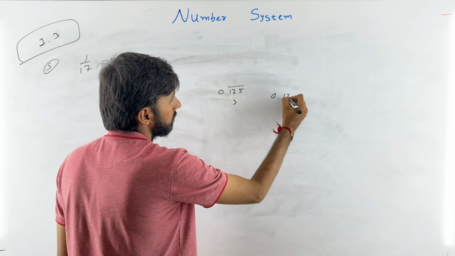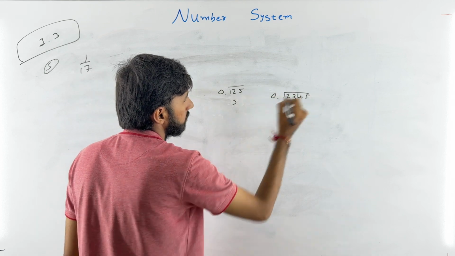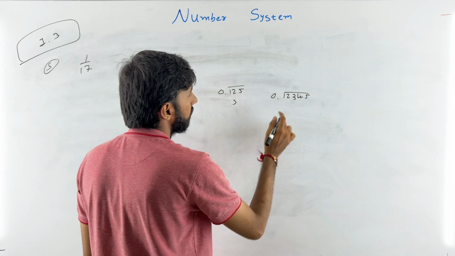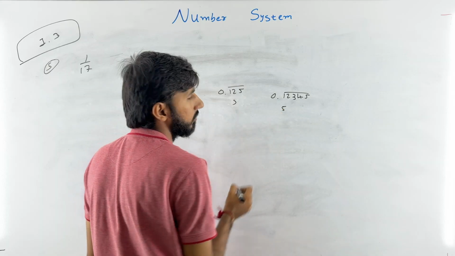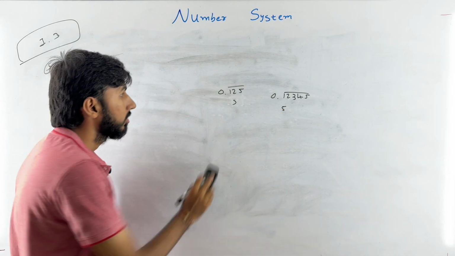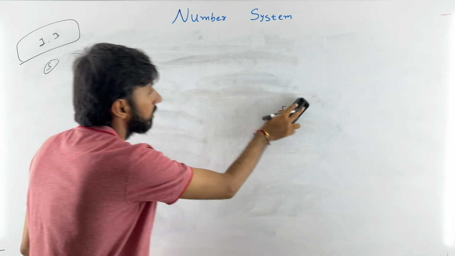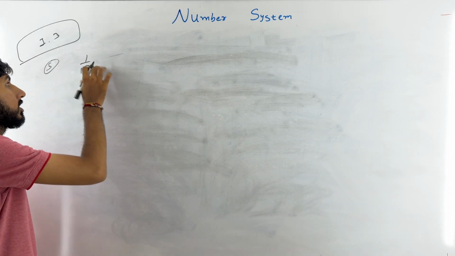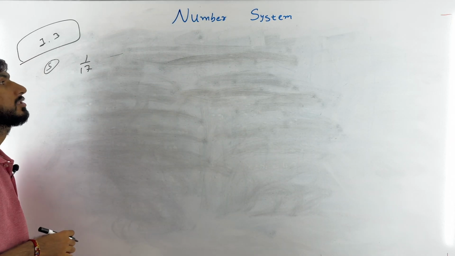If the decimal expansion is this, the number of digits repeating in the repeating block is 5. So I have to find the maximum number of digits that can be in the repeating block of the decimal expansion of this number, and that is 1 by 17.